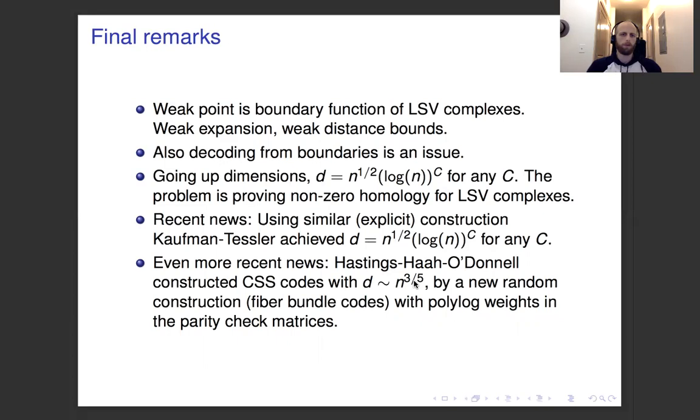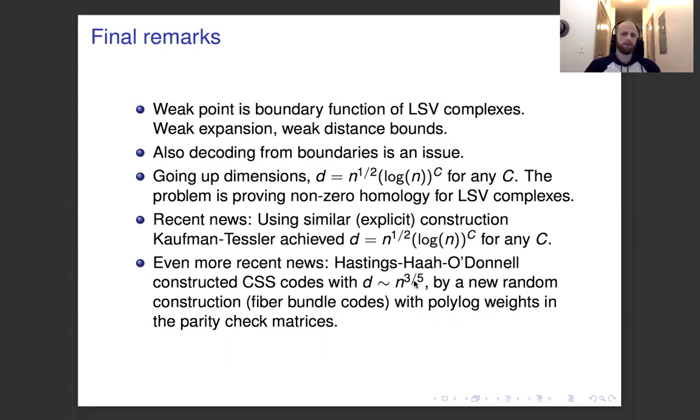It's a weak point because we have weak high dimensional expansion on the boundary aspect, and we also know that we have weak distance bounds. Another issue is that we don't know how to do decoding from the boundaries in higher dimensions.